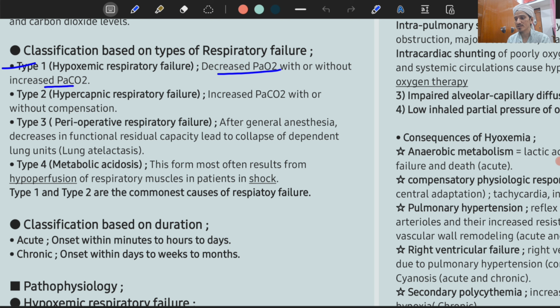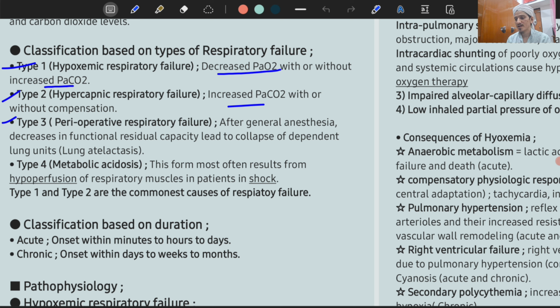Type 2 is hypercapnic respiratory failure. That is decreased oxygen along with elevation of carbon dioxide. Hypercapnic respiratory failure can be compensated or decompensated. Compensated is usually seen in chronic respiratory diseases, and decompensated is seen when there is an acute exacerbation in patients with chronic respiratory failure.